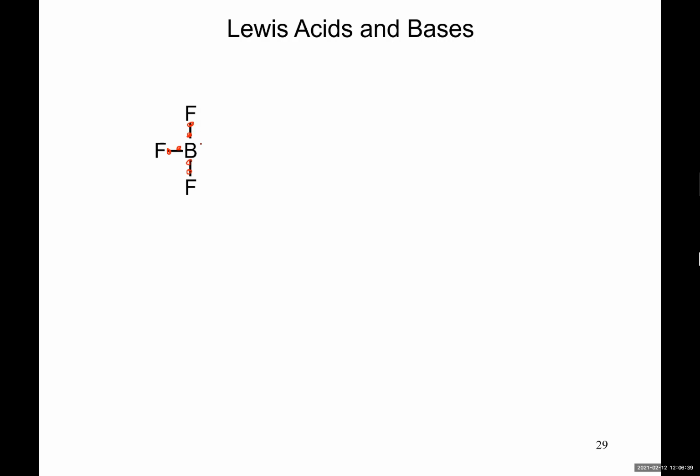Do you see boron has got an empty orbital here, which would love to be filled with electrons, so it will have 8 electrons. It would be happy. So boron is an acceptor of electron pair. And if I react boron with nitrogen, remember we said nitrogen has got 1 lone pair, and it can give this lone pair.